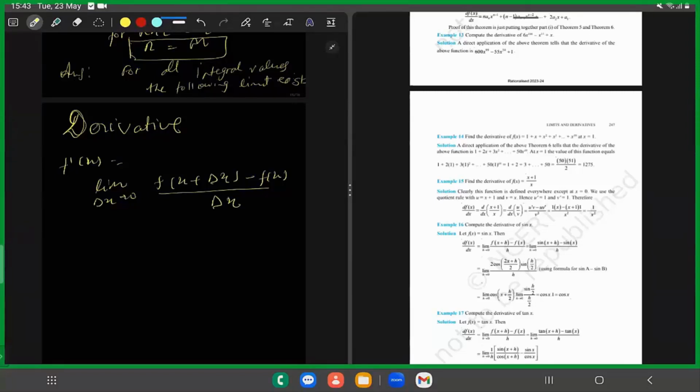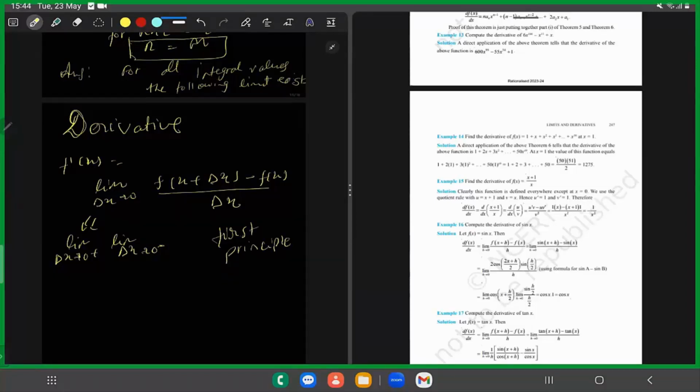Normally this is the expression, but depending on the condition of left hand limit and right hand limit, this splits into two parts, that are limit delta x tending to 0 plus and limit delta x tending to 0 minus. These are two parts of the derivative, but we'll be using the same concept while solving any questions. This is also called the first principle of the derivative.